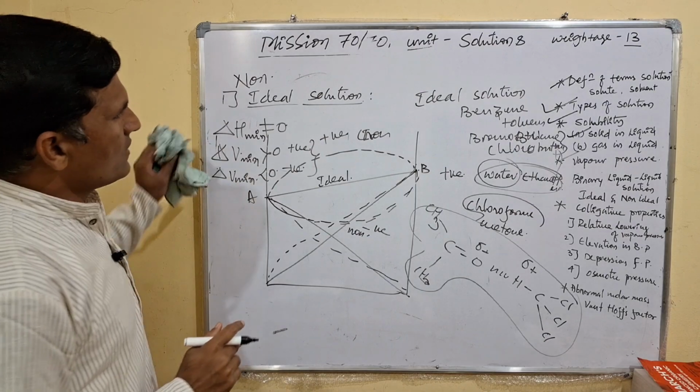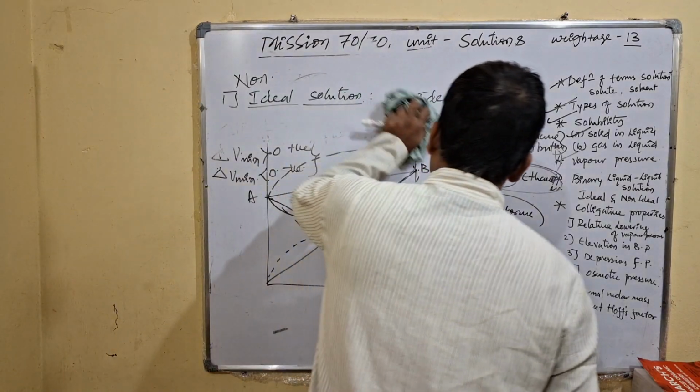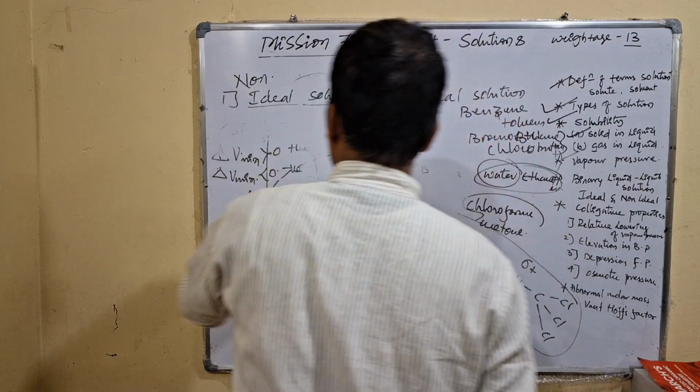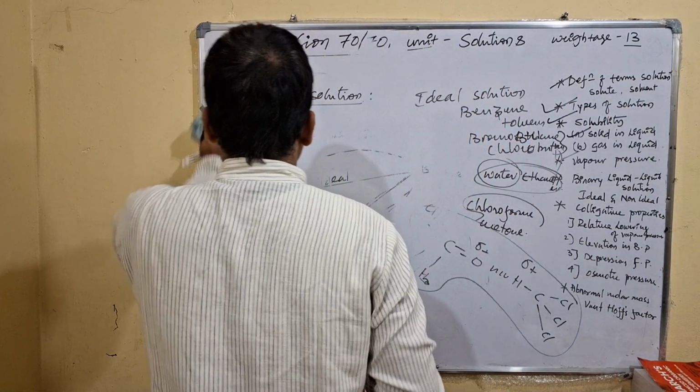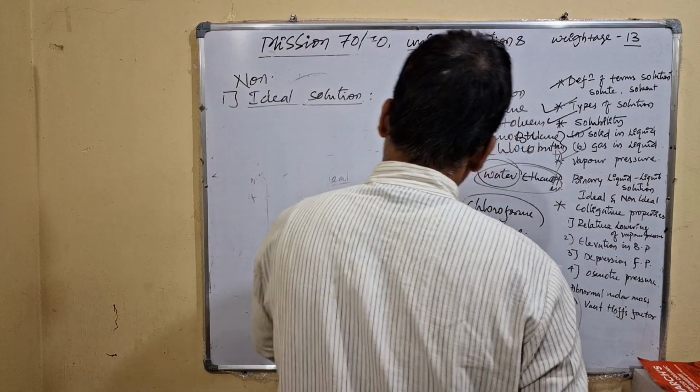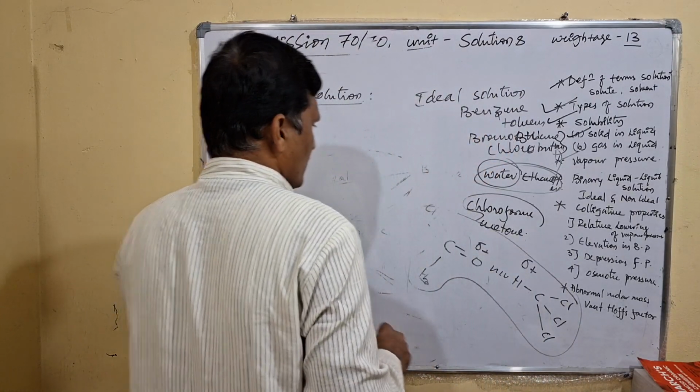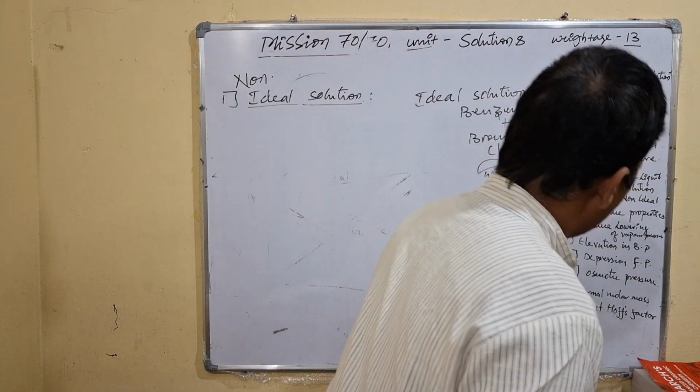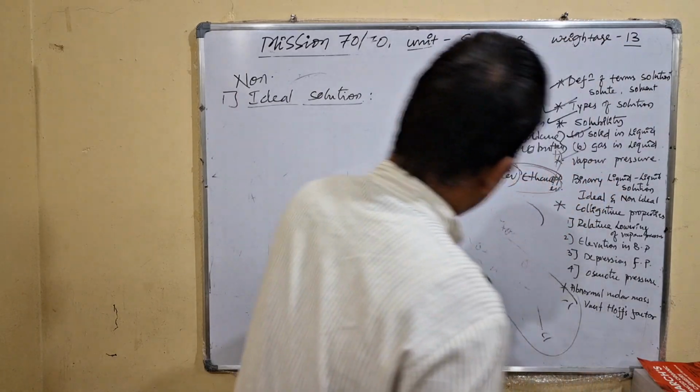Okay, so the next is what azeotrope means. There is a particular composition of the two binary components of the solutions which have constant boiling.